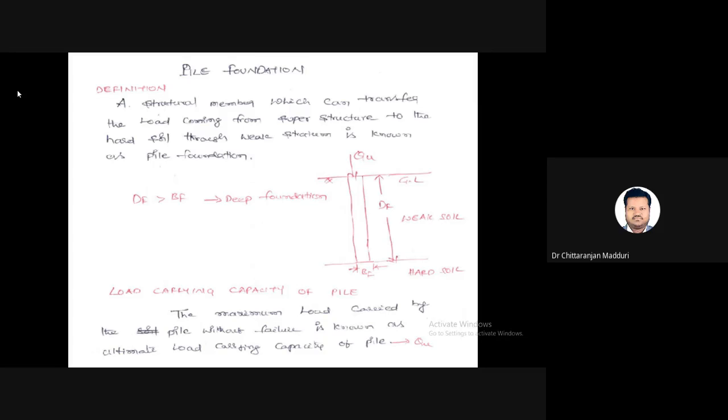So we should not design for ultimate load because we need to take some factor of safety. That's why safe load is different from the ultimate load carrying capacity of the pile. So the maximum load carried by the pile without failure is known as ultimate load carrying capacity of the pile. Safe load carrying capacity of the pile means ultimate load carrying capacity divided by factor of safety.